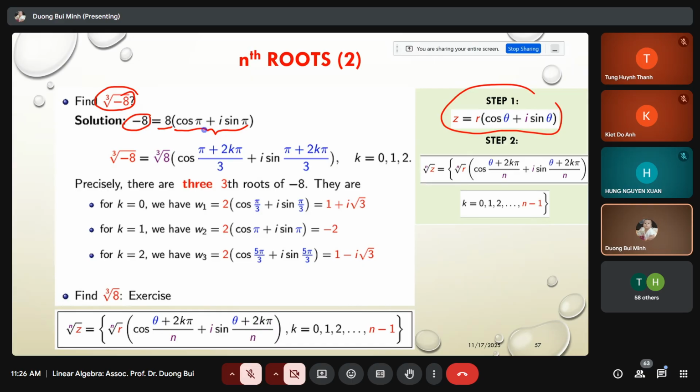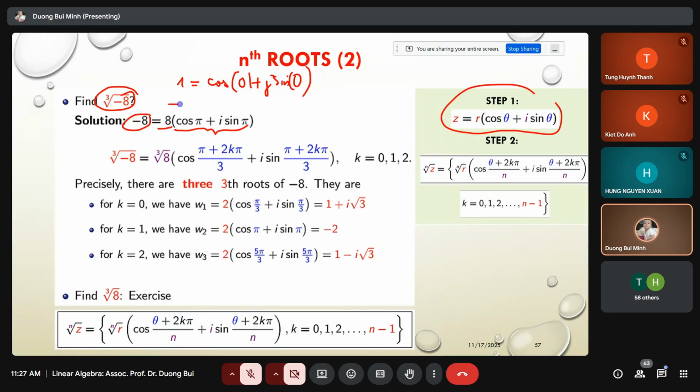How can you get this one? Because if we have 1, then 1 is cosine 0 plus j sine 0.